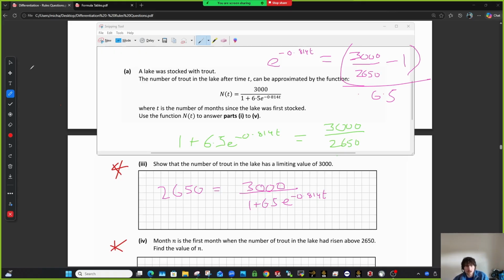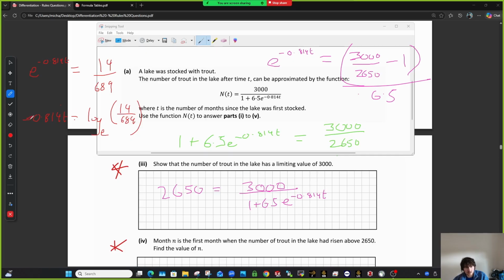So what that becomes is e to the minus 0.814t equals 14 over 689. Do not write this as a decimal, write it as 14 over 689. Put it into log format. The whole point of logs is to get the power on its own. The power is this, so this will be on its own. The base is e, so the base is still the base in the log. I already showed how to quickly write things in log format in part one of the video.